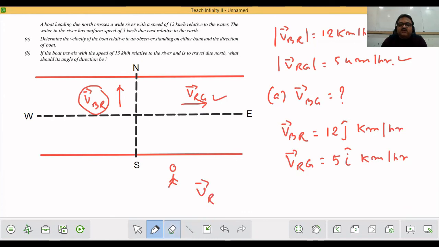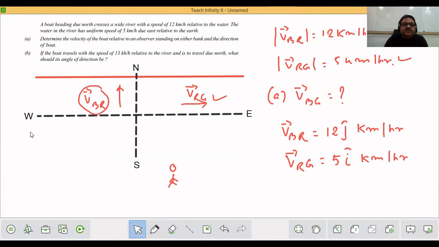So you can find it directly from here. What is that? Velocity of the boat with respect to the river is equal to velocity of the boat relative to the ground minus velocity of the river relative to the ground.